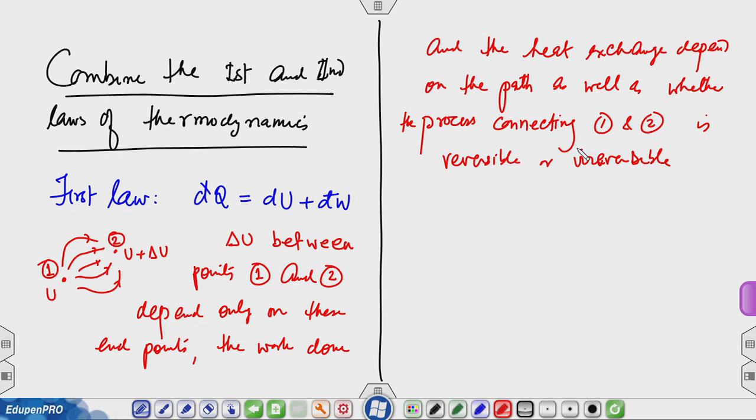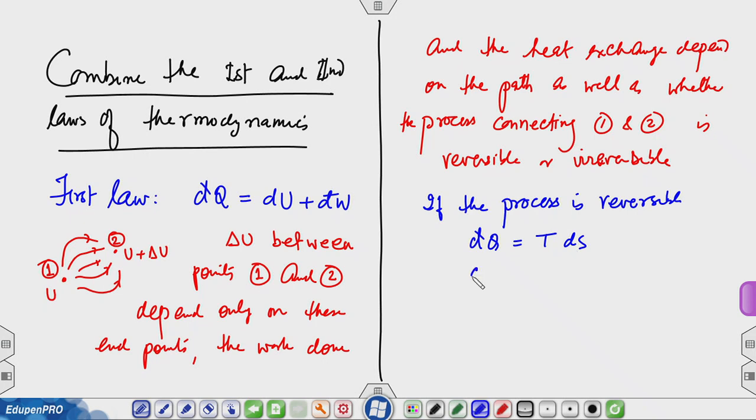Now imagine if I could write this difference only in terms of quantities that depend on points 1 and 2. I'll have a relationship that depends only on those points. So to begin with, if the process is reversible, then I have dq equals t ds.